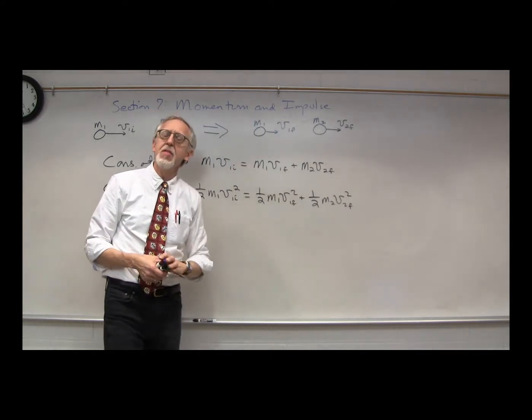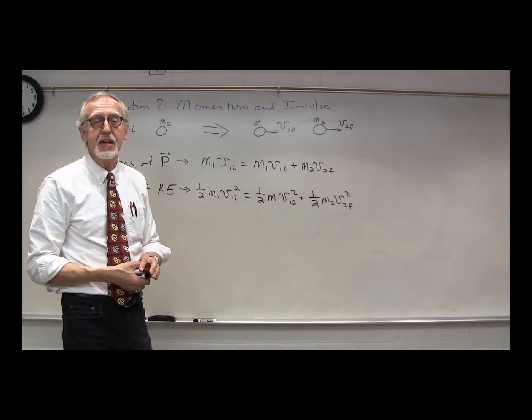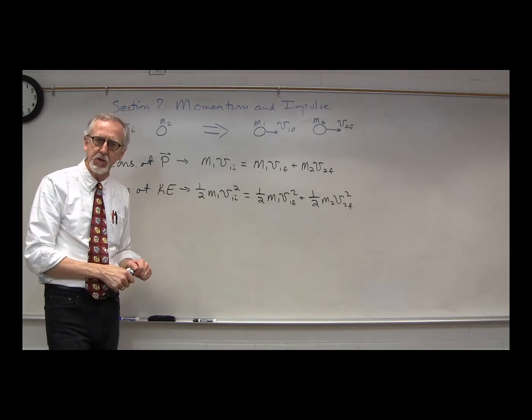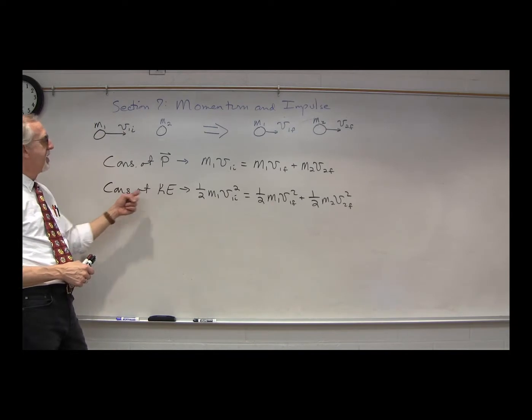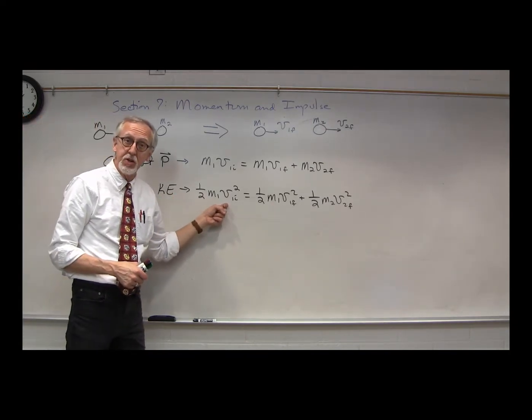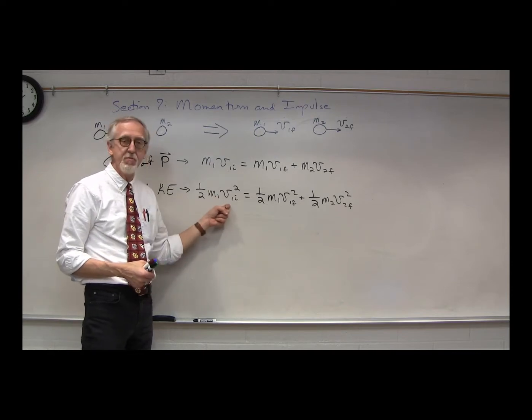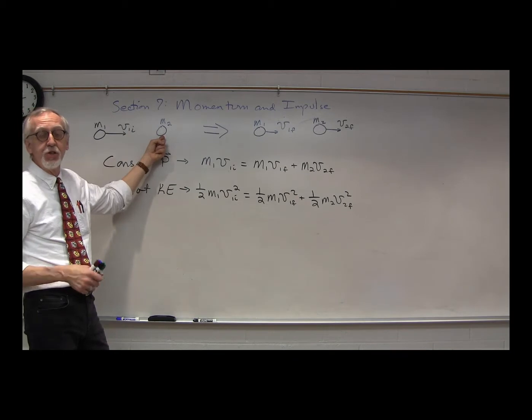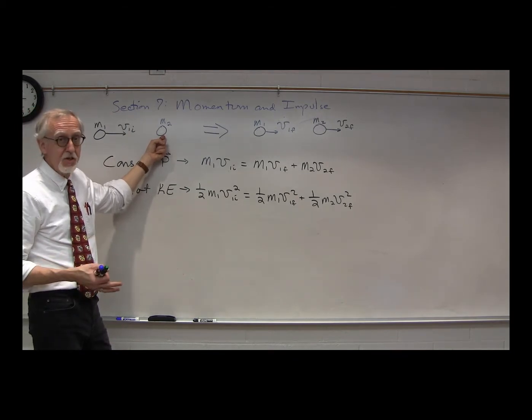Now let's assume that this is an elastic collision, meaning the kinetic energy is also conserved. So what we have is the initial kinetic energy, 1/2 m1 v1 initial squared, so 1/2 mv squared. That's object 1. Kinetic energy of object 2 is 0 because it's initially not moving.